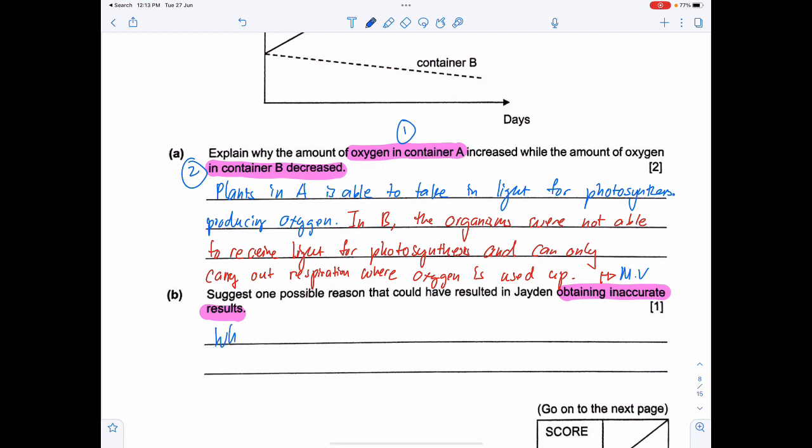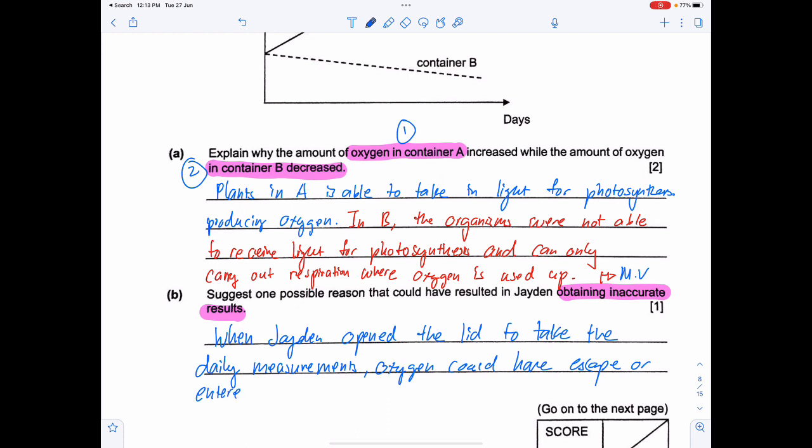So when Jaden opened the lid to take the daily measurements, oxygen could have escaped or entered the container.